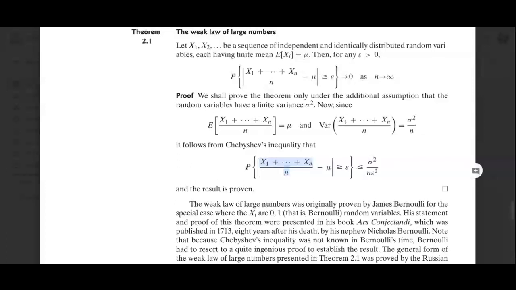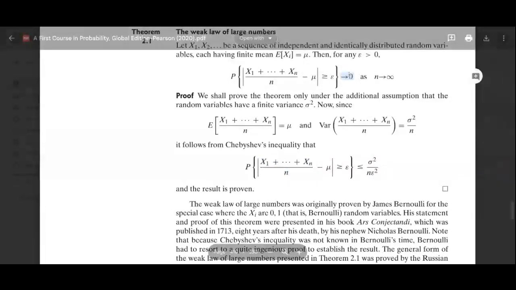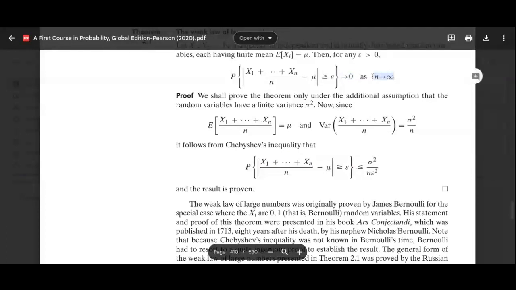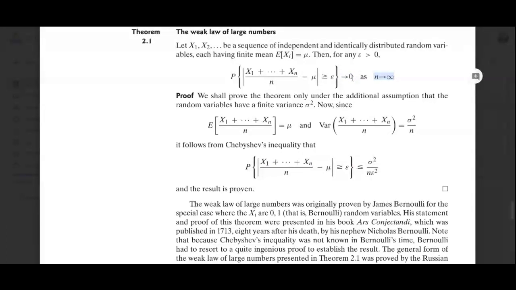Okay. Epsilon is usually a very, very small number, very close to 0. As n approaches infinity, the whole thing approaches 0.